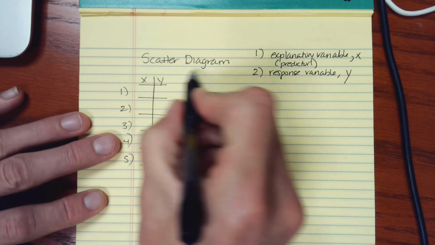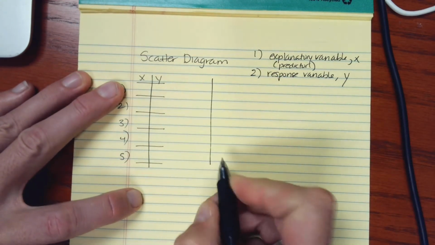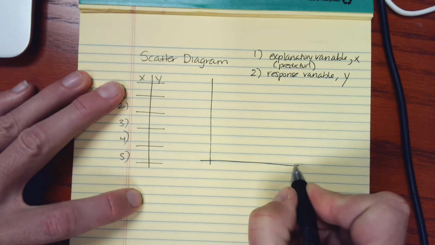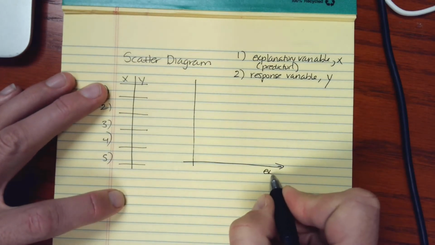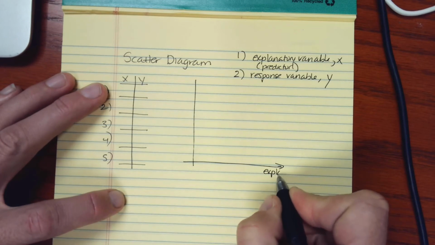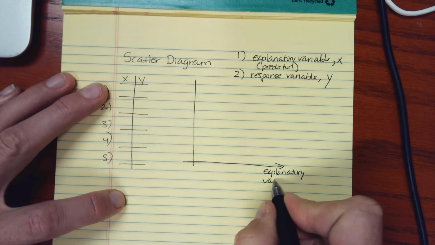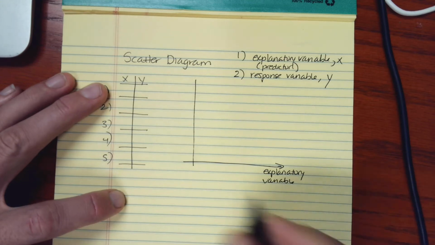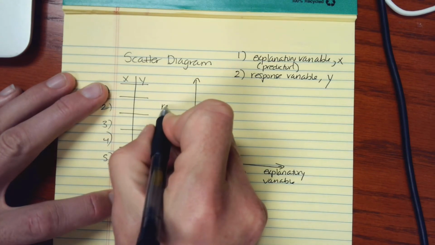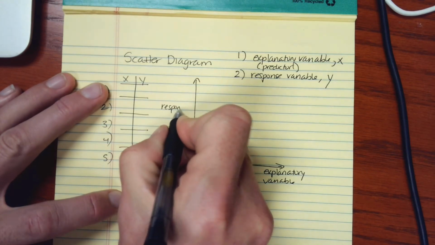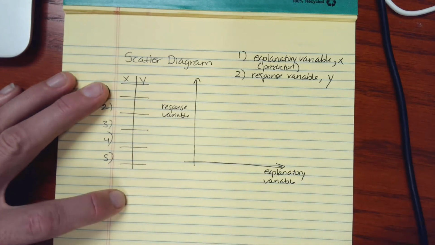So to construct the scatter diagram, I will cross a set of axes. On the horizontal axis, this is where I will find my explanatory variable values, and then on the vertical axis, this is where we'll locate our response variable position.